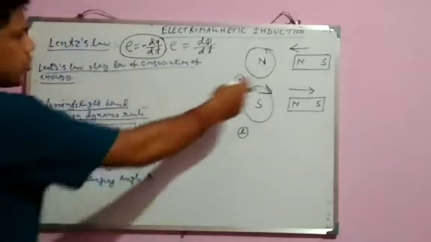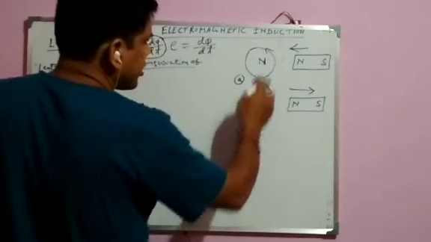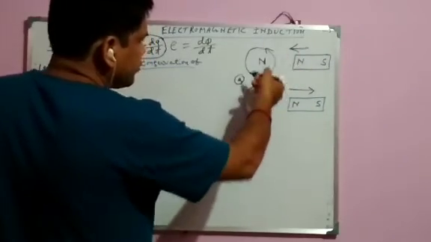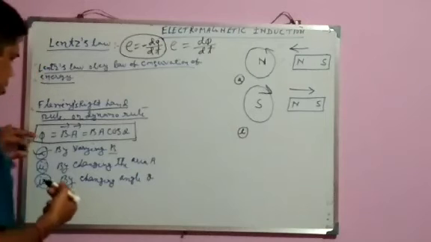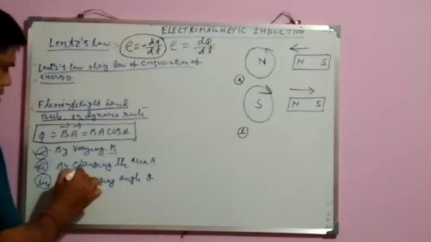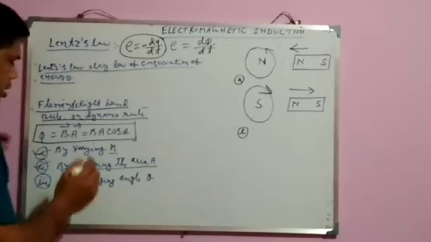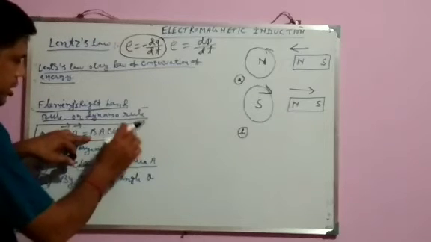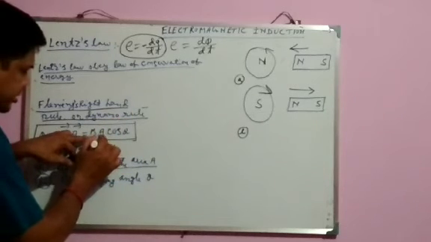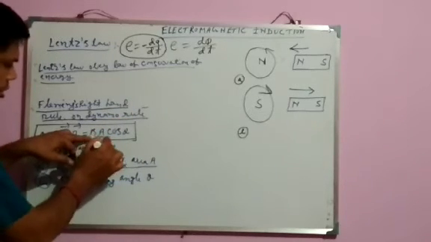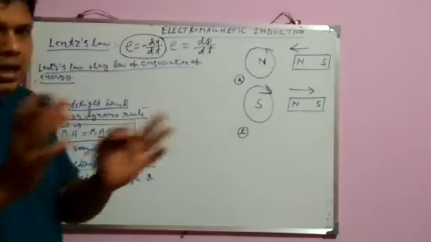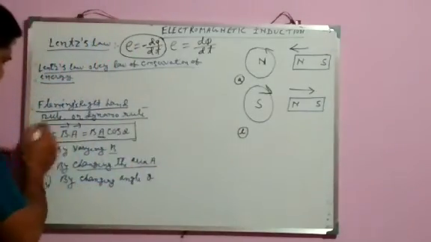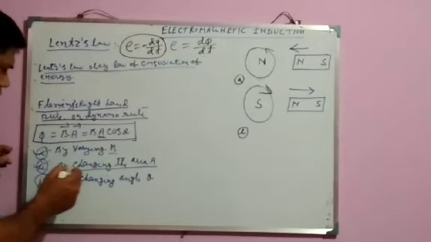Here also we are doing this in figure A and figure B. By varying the magnetic field, we can produce the induced EMF or current. Now number two is by changing the area A. Here, if the magnetic field strength B and θ are fixed, by changing A only, this area, we can vary the magnetic flux.